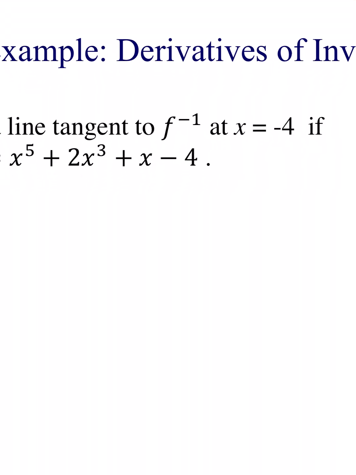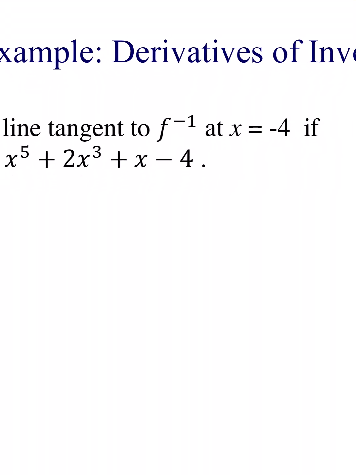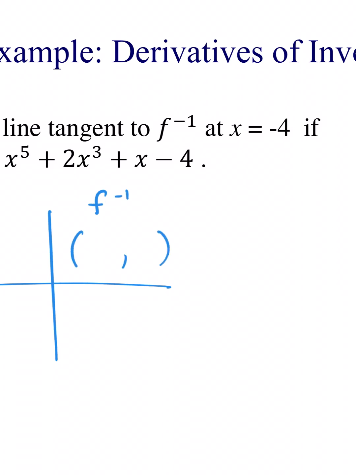All right, last one. Write a tangent line to f inverse at x is negative 4 if the original function is x to the 5th plus 2x cubed plus x minus 4. All right. So we've got f and f inverse. Where does the negative 4 belong?